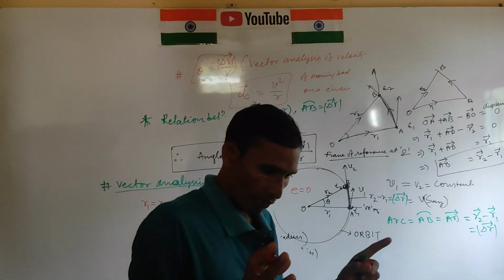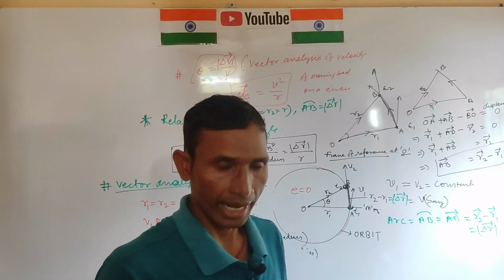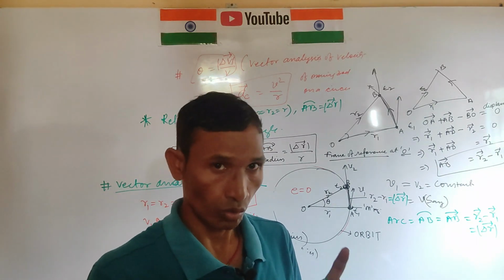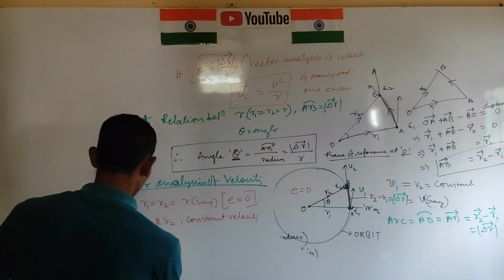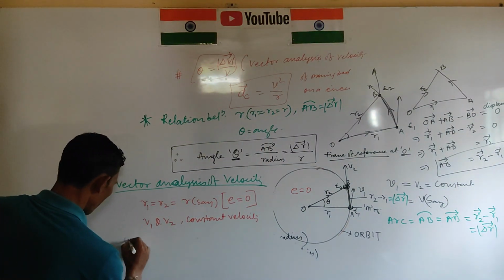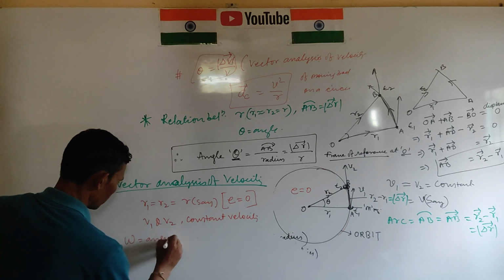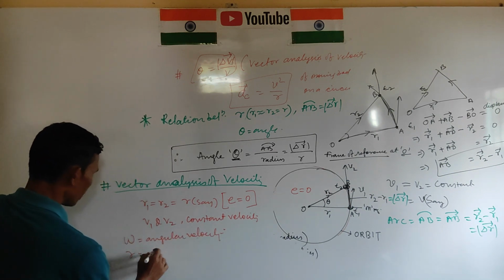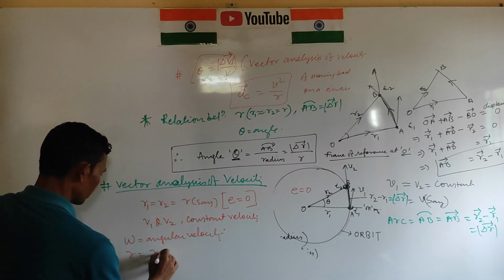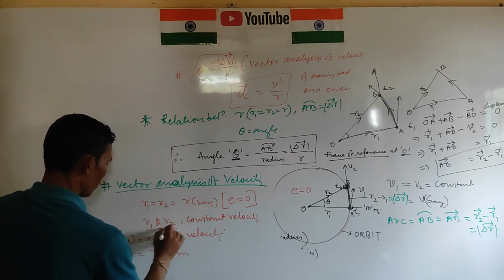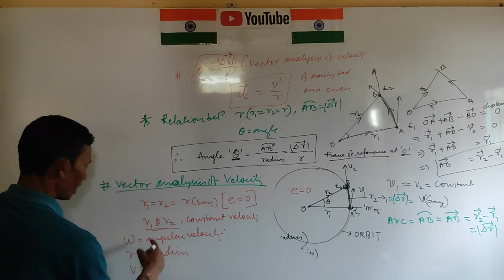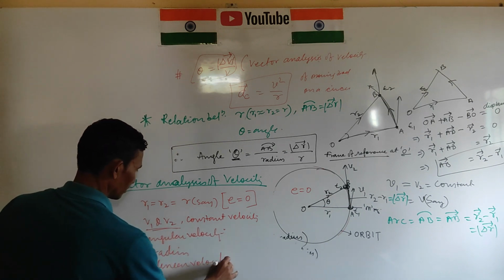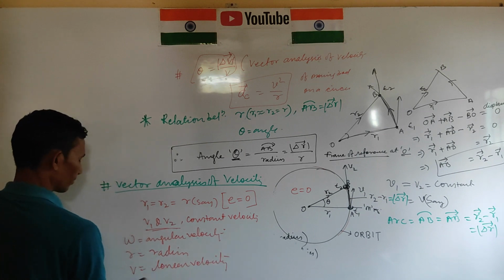Whenever there is the frequency, there will be an angular velocity. So angular velocity is omega. Here is omega, that is called angular velocity. R is called the radius, and v is called linear velocity.